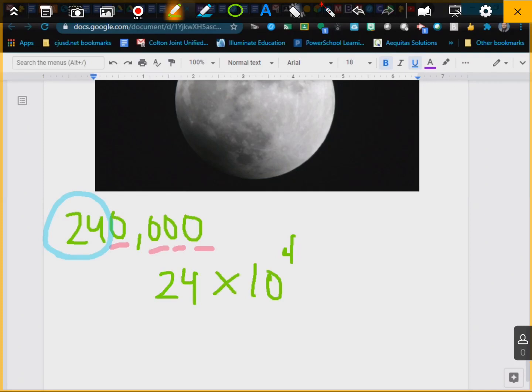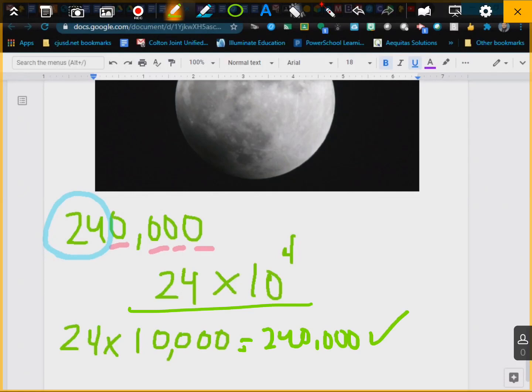So my answer is 24 times 10 to the fourth power. And we see that because it's the same as 24 times, there's 4 zeros, so 1, 2, 3, 4. 24 times 10,000, which is 240,000. So that checks out. So this is my final answer.